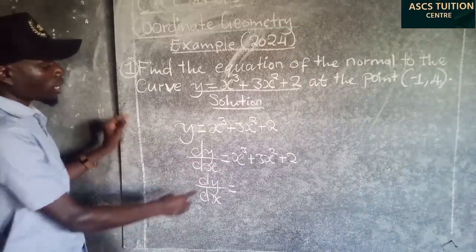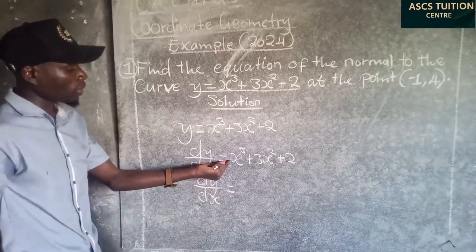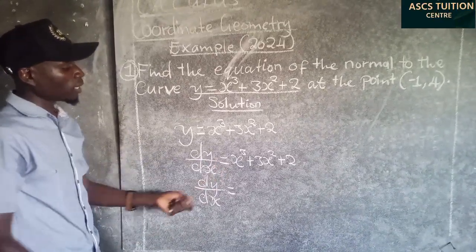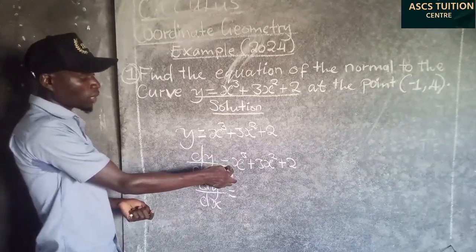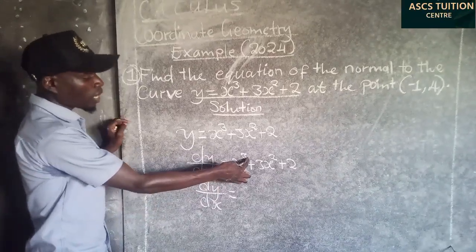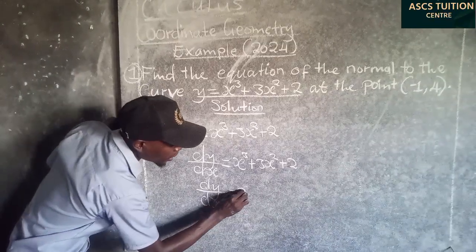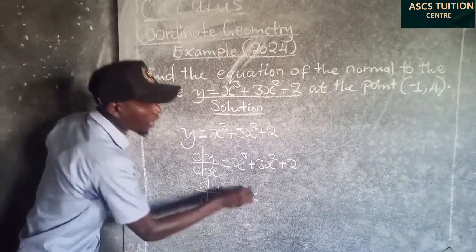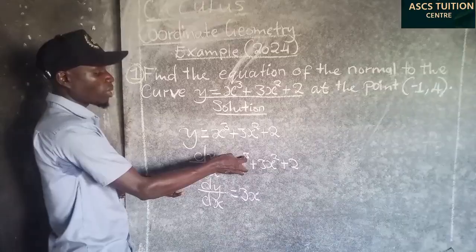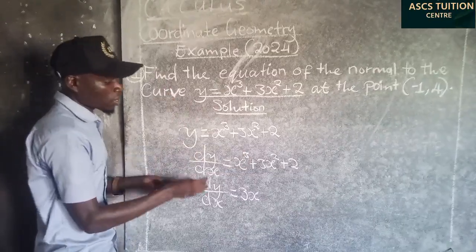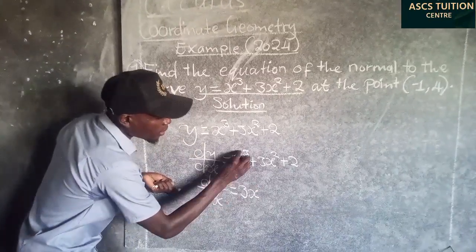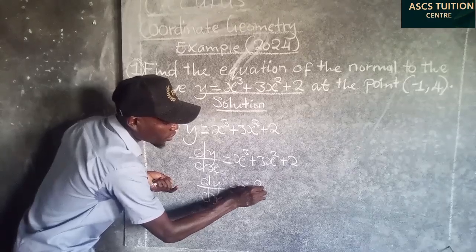Therefore, in this case, we can't see the coefficient, but as mathematicians, we should know there is this invisible one. So we will say 3 times 1, which will be 3x, and then this power, which is 3, we are going to subtract by 1. So we are going to say 3 minus 1, the answer will be 2.